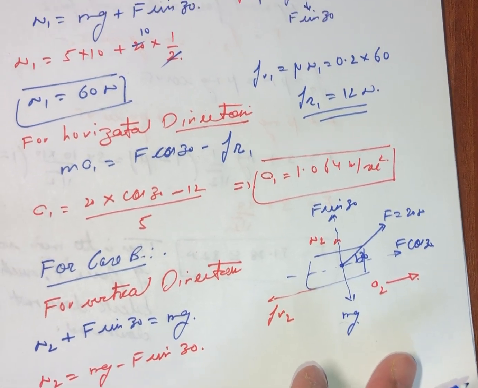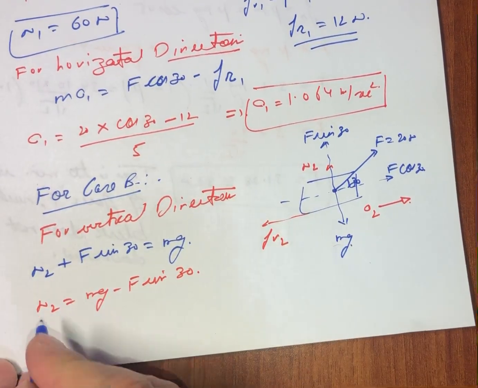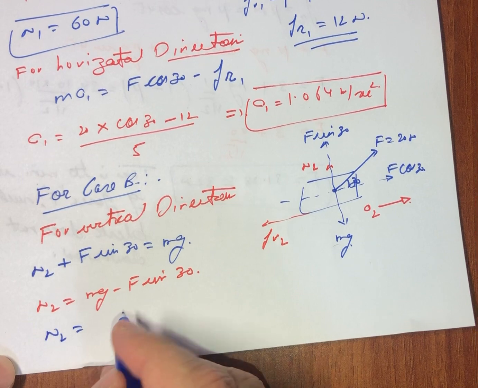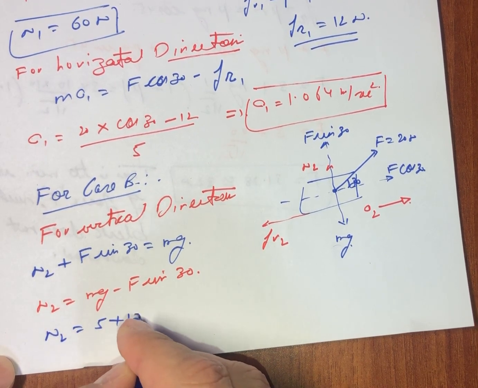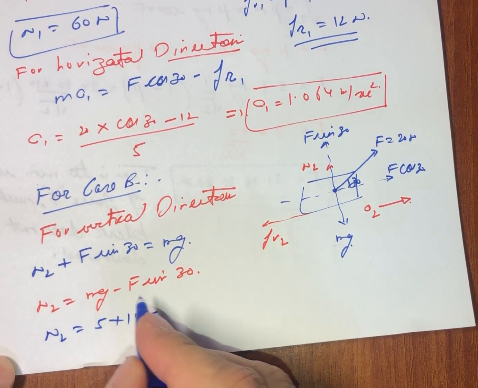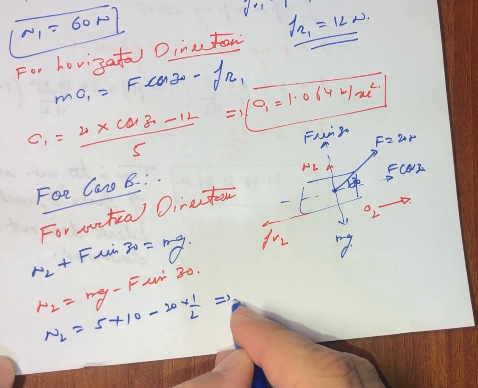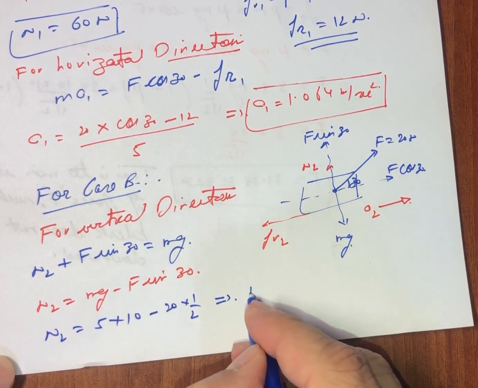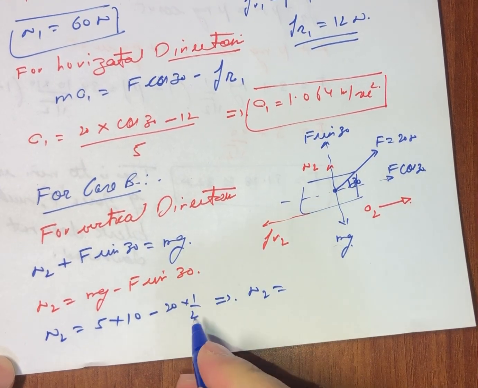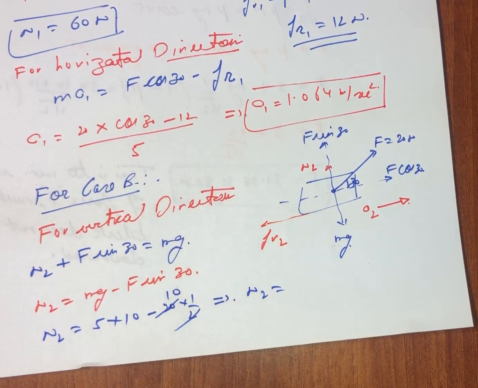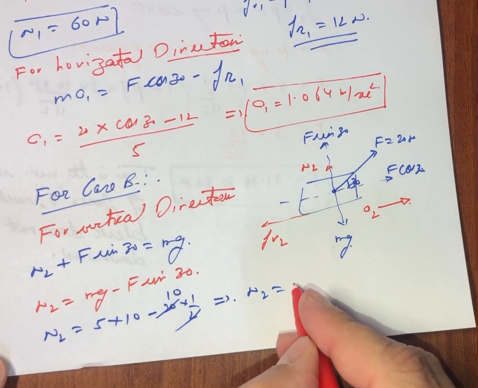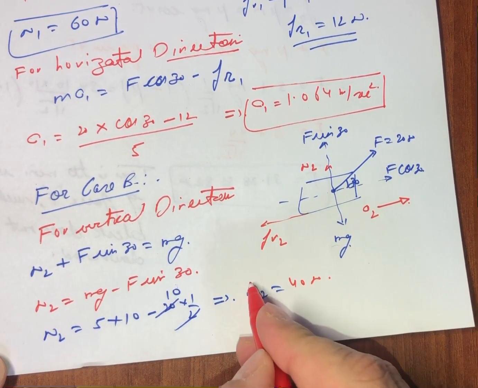Here m is 5, g is 10, applied force is 20, and sine 30 is 1 by 2. So N2 will be equal to 40 Newton.